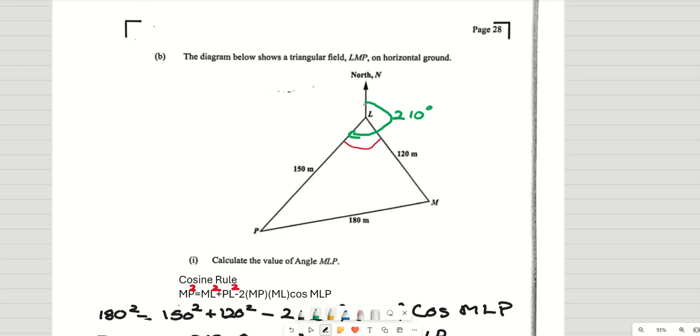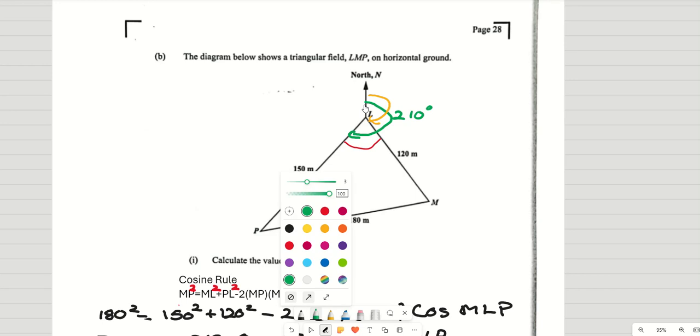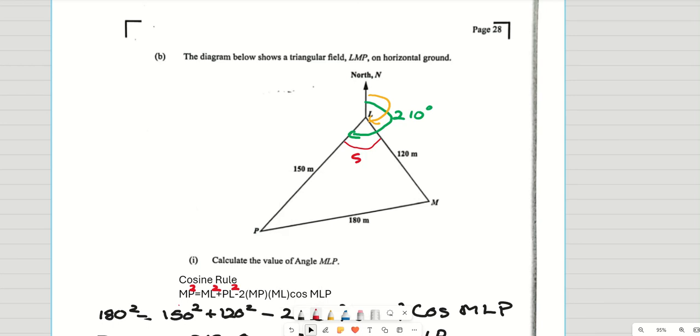So in yellow, basically they want from L to M, they want this angle here in yellow. Now we already found the angle of the red part, which is the cosine, right? When we used the cosine rule, we found that to be 82.8. So basically they want to find the difference between our green and our red.